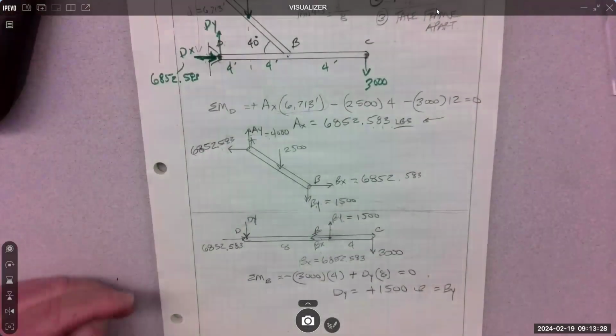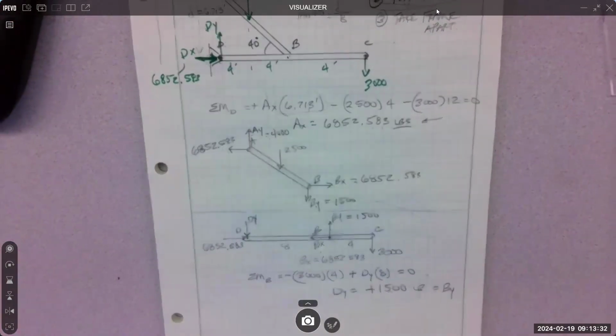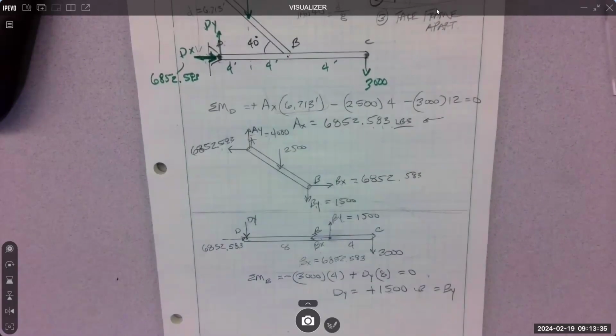It's a pretty simple frame. They get complicated, as you can see in the book as you look through. There's like 48 problems in this chapter, meaning that they want us to do a bunch of practice.